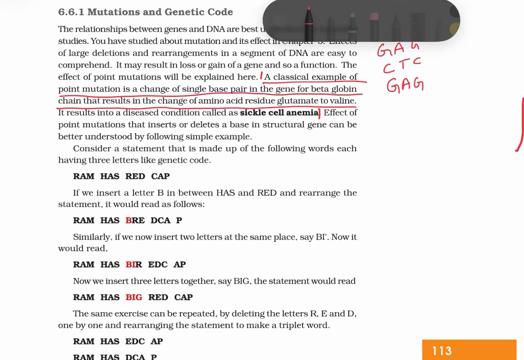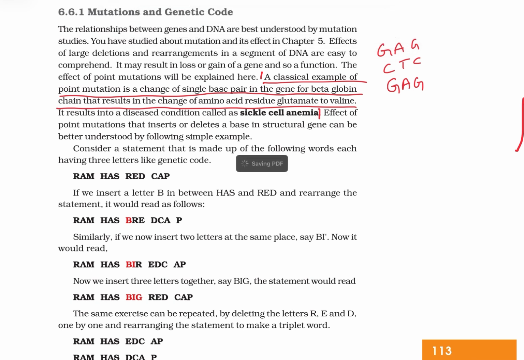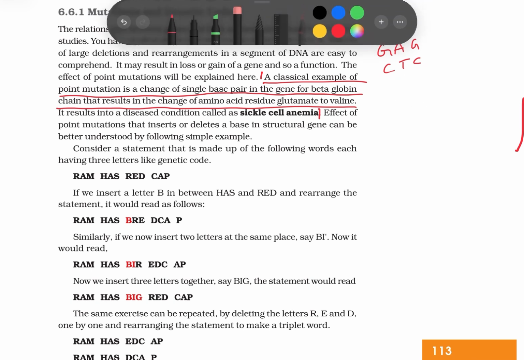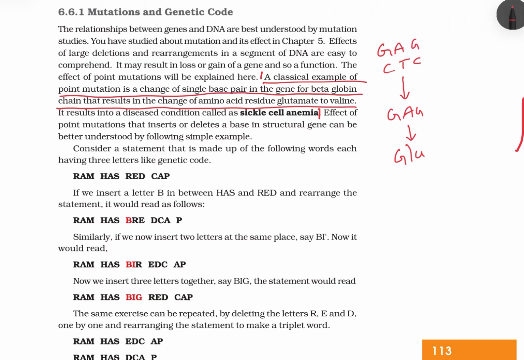The DNA sequence is coding for this amino acid. GAG codes for glutamate.